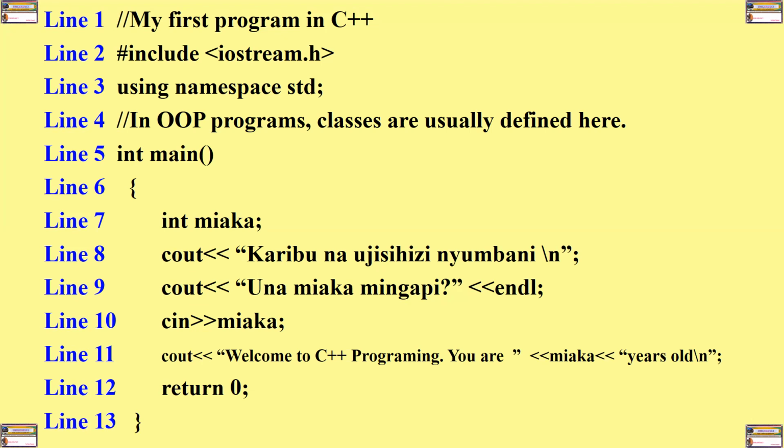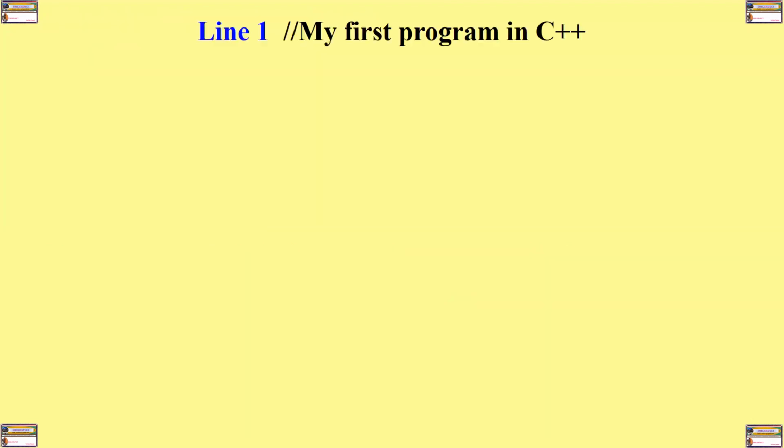So what does each of these lines mean, and what do they represent? Let's begin with our first line.